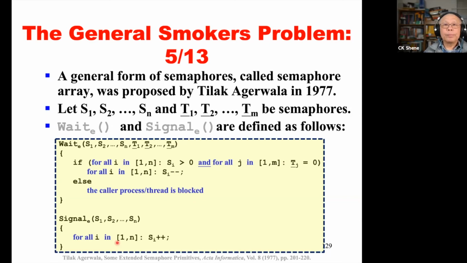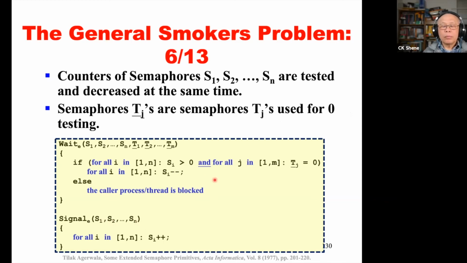And then for the signal part, we just add 1 to the counter of every semaphore listed in the argument. A note: counters of semaphores S1 to Sn are tested and decreased at the same time. At the same time, all counters in the T set are tested for 0.